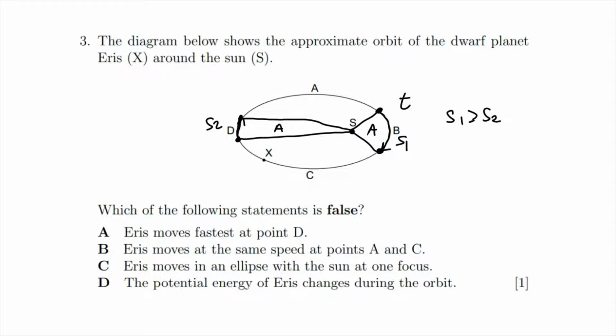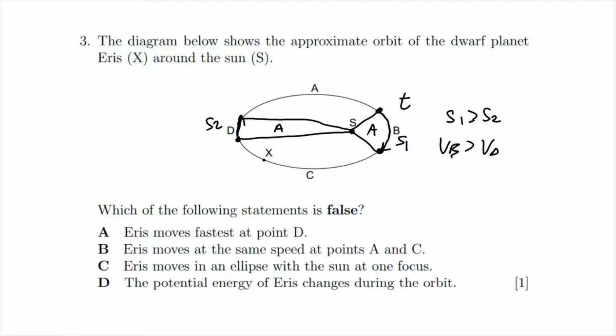However, because S1 is greater than S2, and because speed equals distance over time, we can see that the velocity of the planet at B in the orbit is greater than the velocity at D.